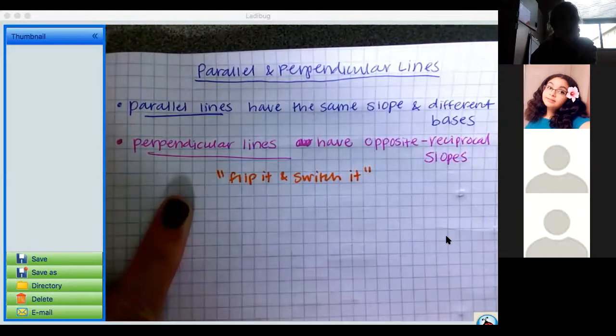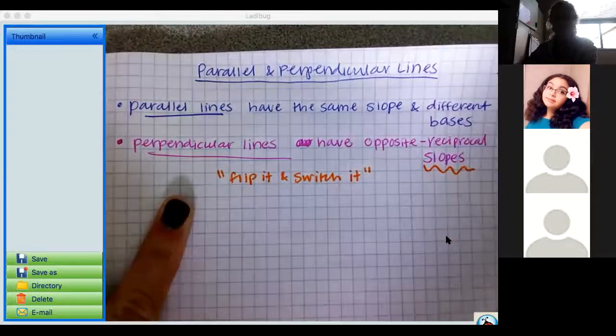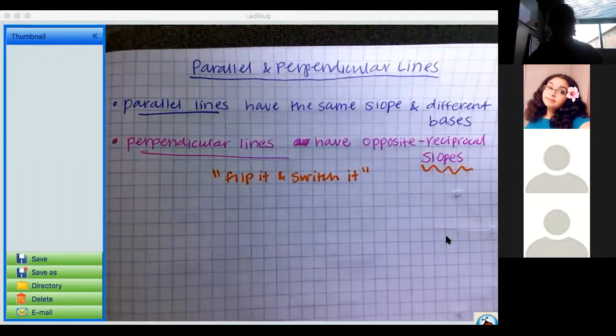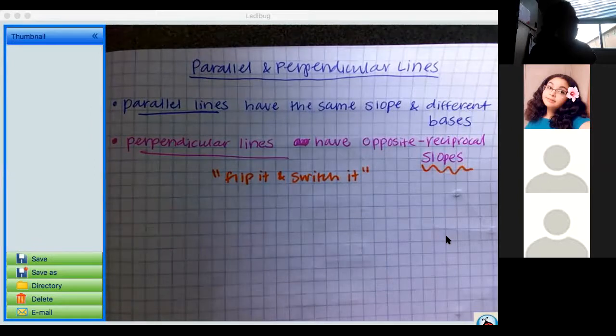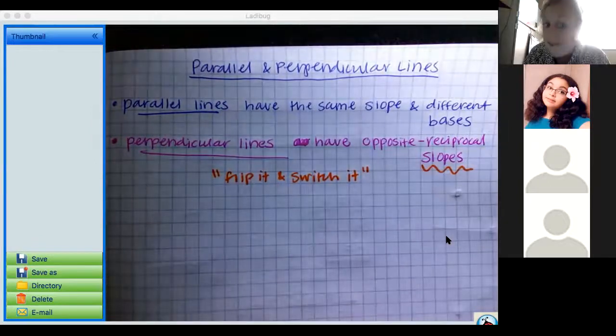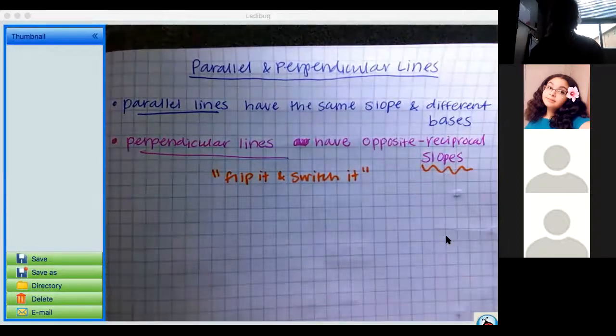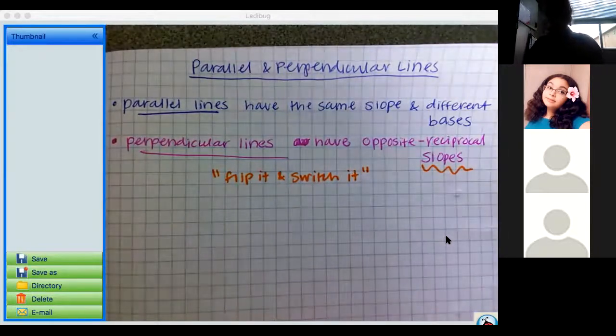What number? Good. The slope. Because they have opposite reciprocal slopes. So I'm going to flip the slope and I'm going to switch its sign. If it was positive, the perpendicular one will be negative. If it was negative, the perpendicular one will be positive. Does that make sense? I'm hearing yeses. People at home, I hope y'all are okay because y'all are real quiet.